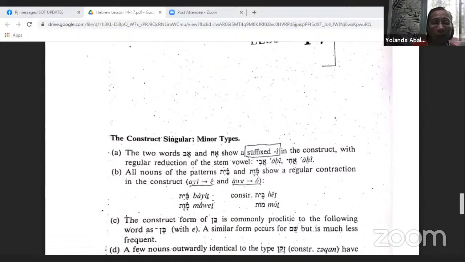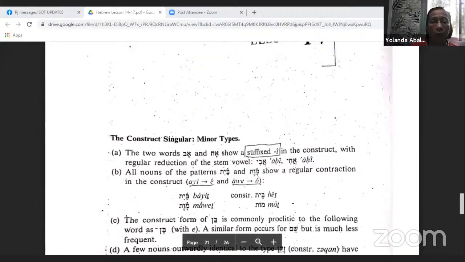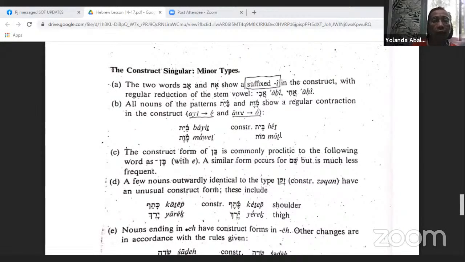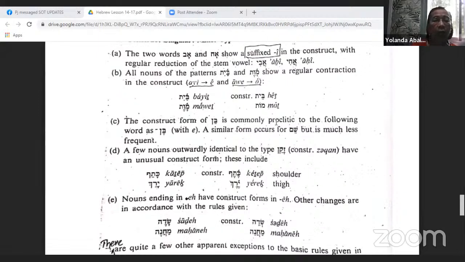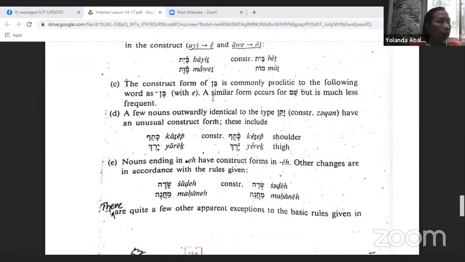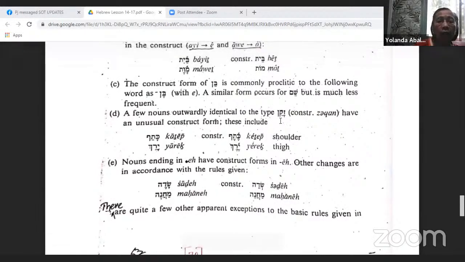Right. Bayit, mavet. Ang construction ng bayit, bet. Ang construction ng mavet, mot. Ano uli ang mot? Death. Ano uli ang bet? House. Ano uli ang ben? Son. Shem. Name.